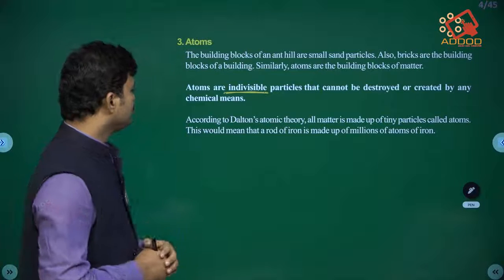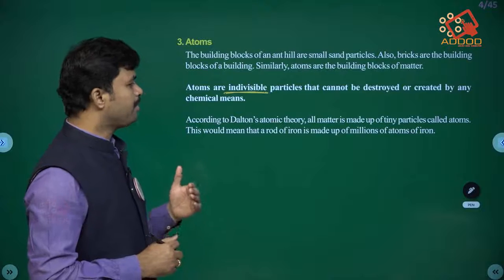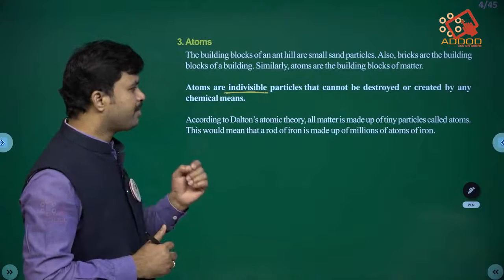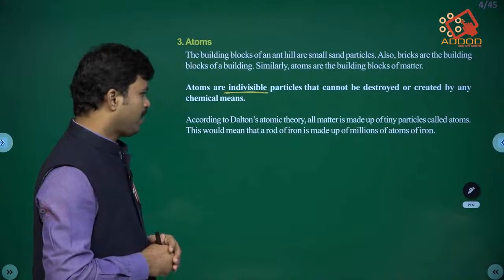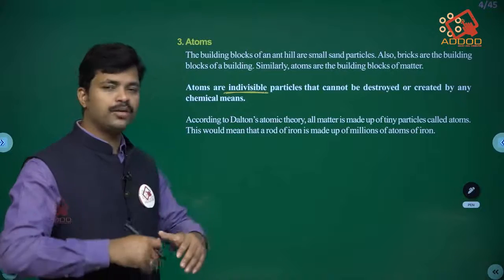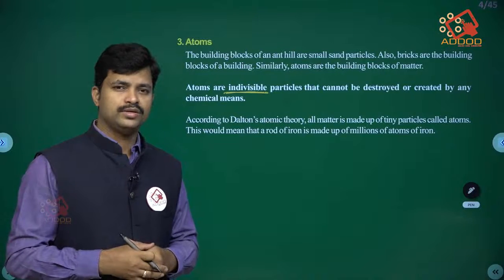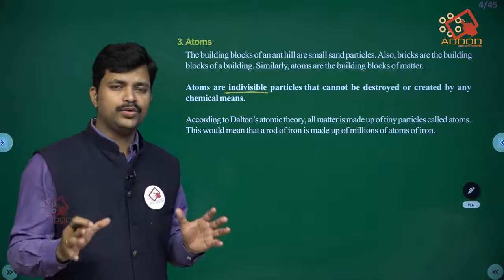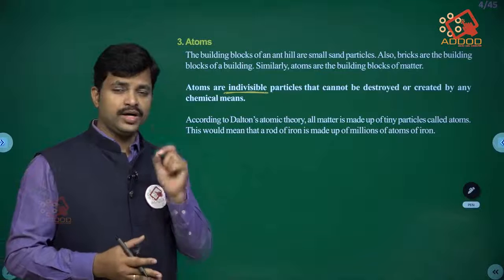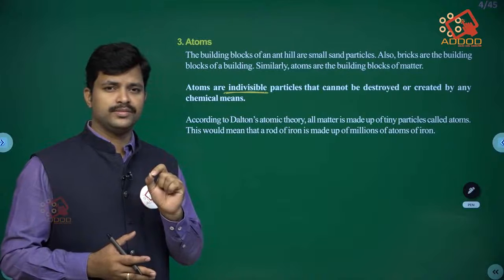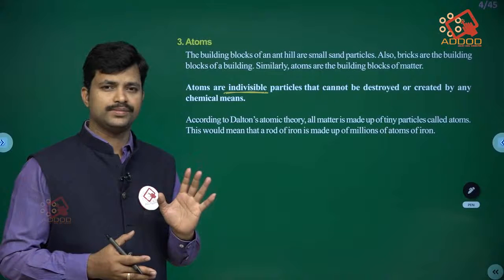According to Dalton's atomic theory, all matter is made up of tiny particles called atoms. This means that a rod of iron is made up of millions of atoms of iron. Any material you take is made up of atoms. And the atom is the direct participant in chemical reactions.